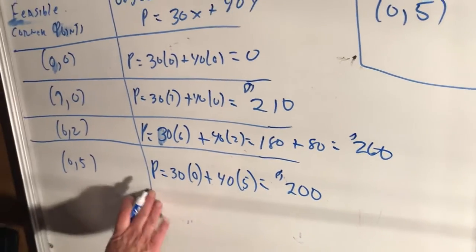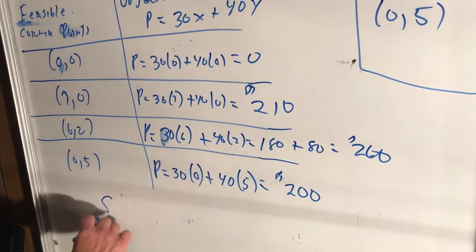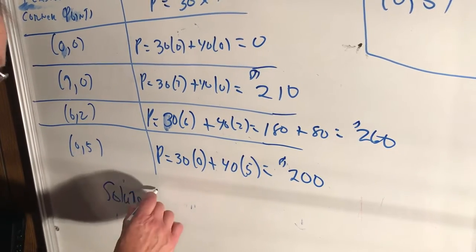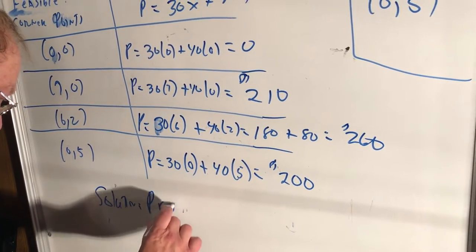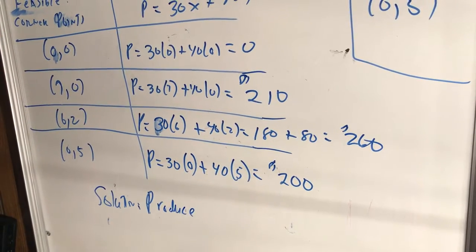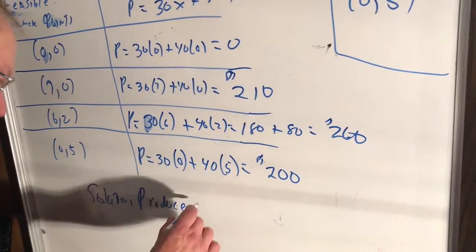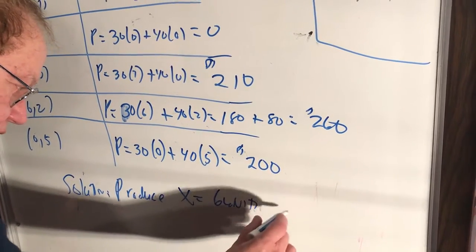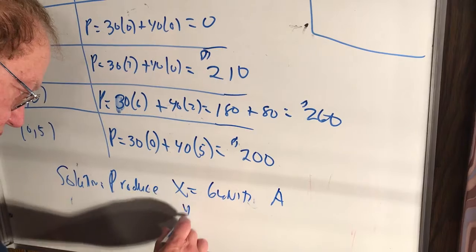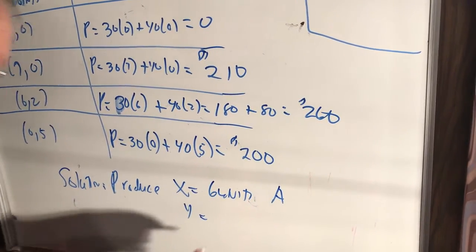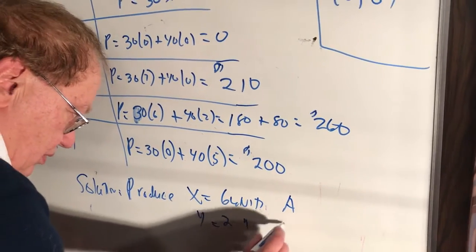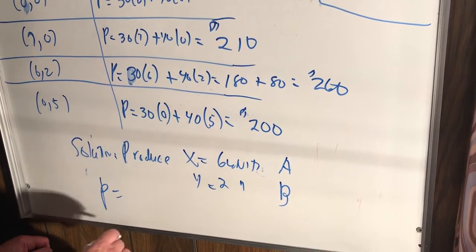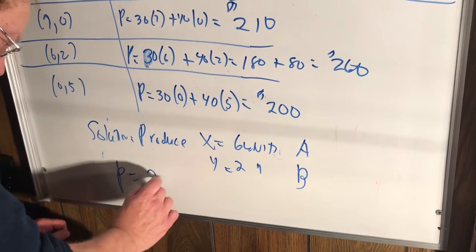So what's my solution here? My solution is produce x equals 6 units of product A, y equals 2 units, and your profit is going to be $260.